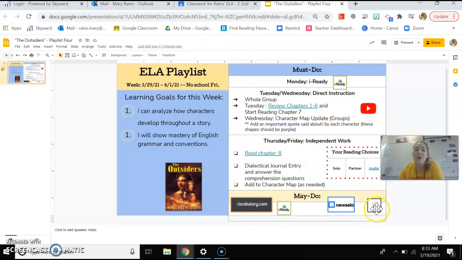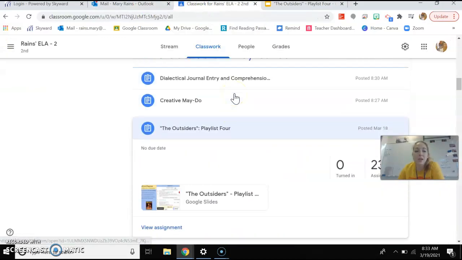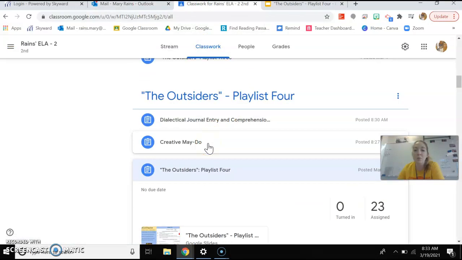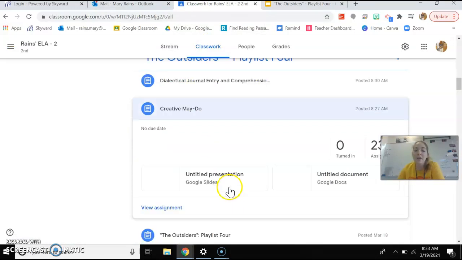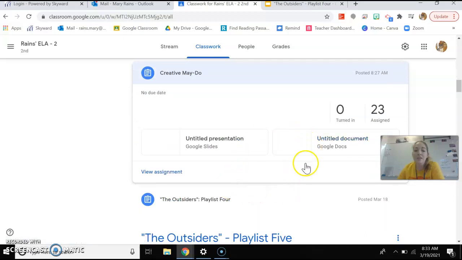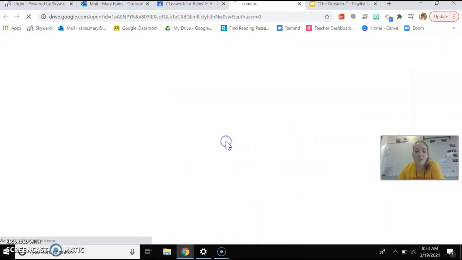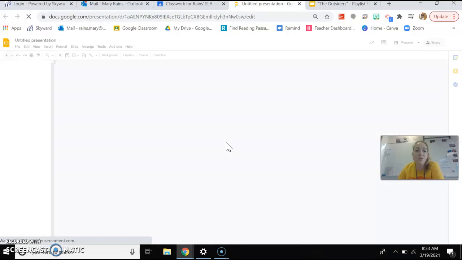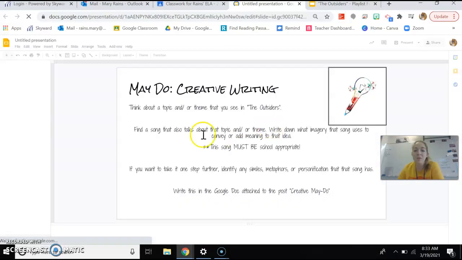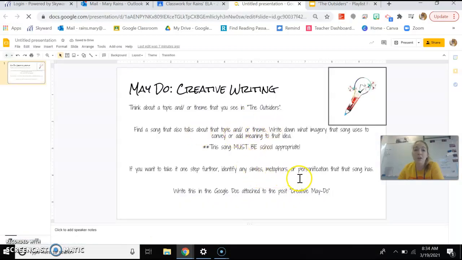Instead of linking it on the playlist this time, what I did was I included it here in its own separate post. So it's called Creative May-Do, and on here there would be the instructions of what to do. So basically what you're doing this week is picking a song that talks about some of the same things that the Outsiders talk about.